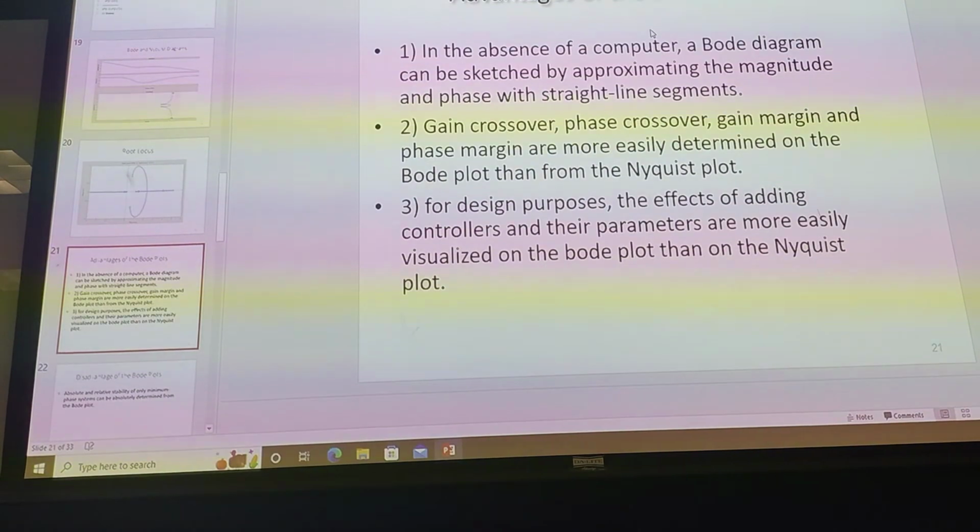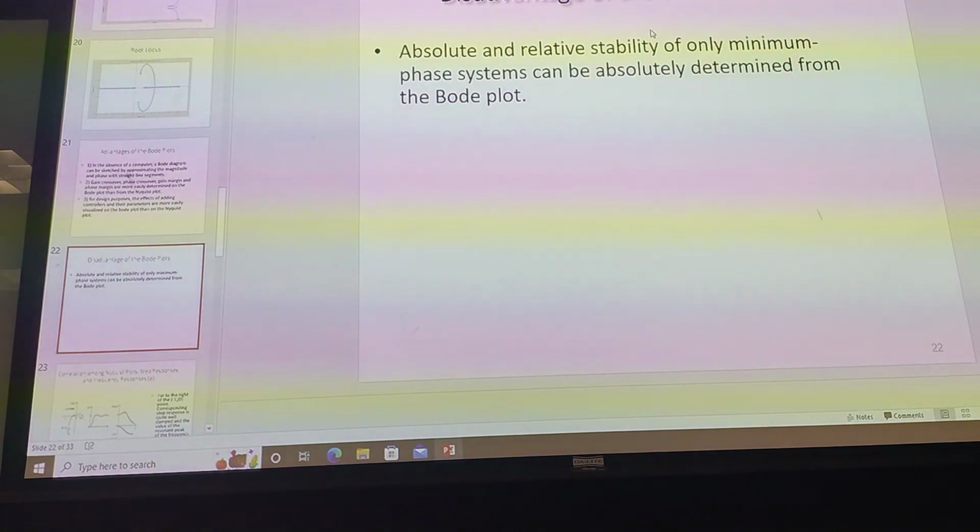If you need to work with controllers, it is easier to add controllers and see the effect of these controllers on the system. So those advantages make the Bode plot very useful in many applications, with the limitations that I have given you.